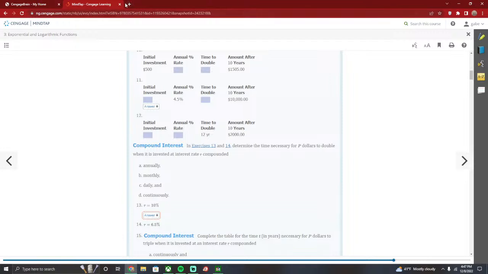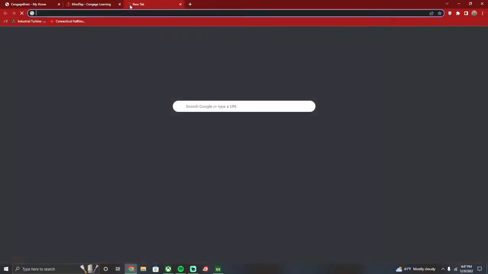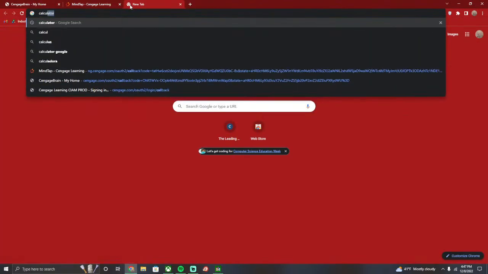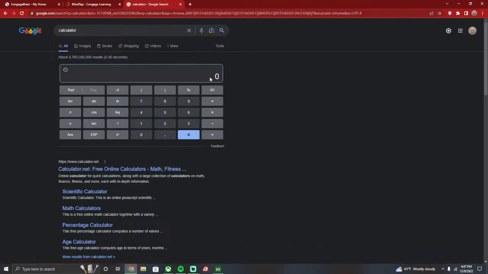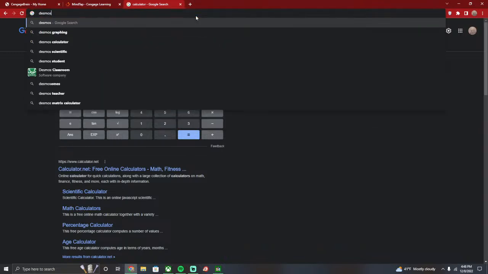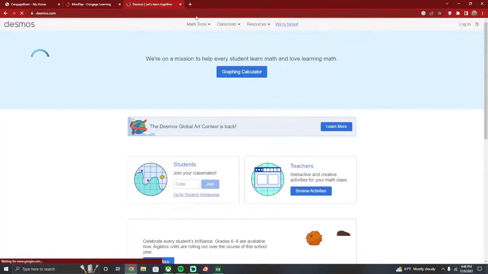Let's do a little bit of calculation. ln 1 over ln 1.1 equals that. It's too small of a number for my calculator. Let's go into Desmos.com.